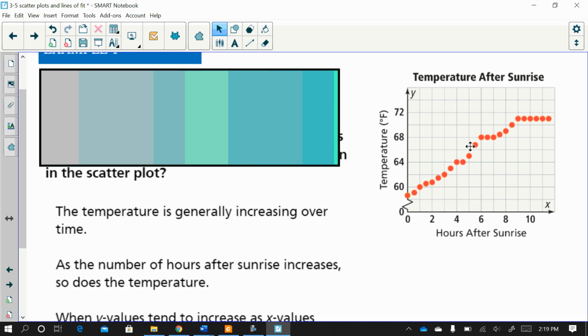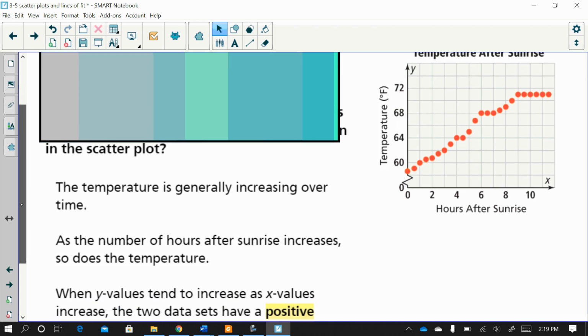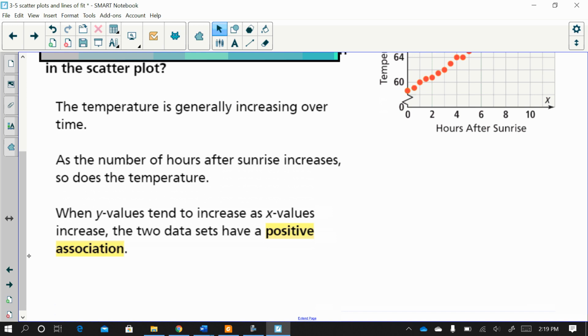Notice we're going uphill. So as the number of hours after sunrise increases, so does the temperature. When y values tend to increase as x values increase, we say that the two data sets have a positive association. This would have a positive association because the slope is going uphill.